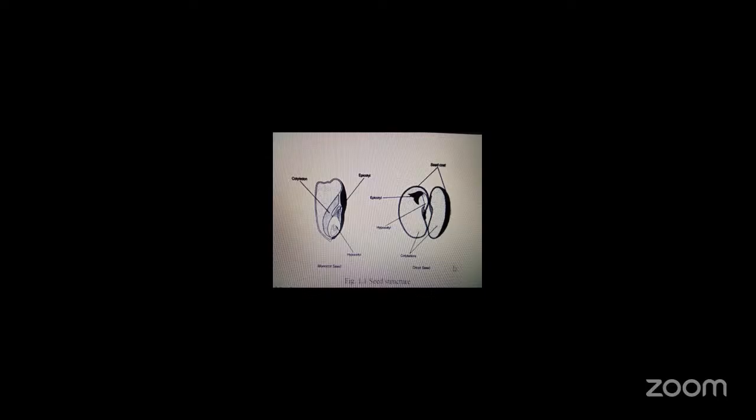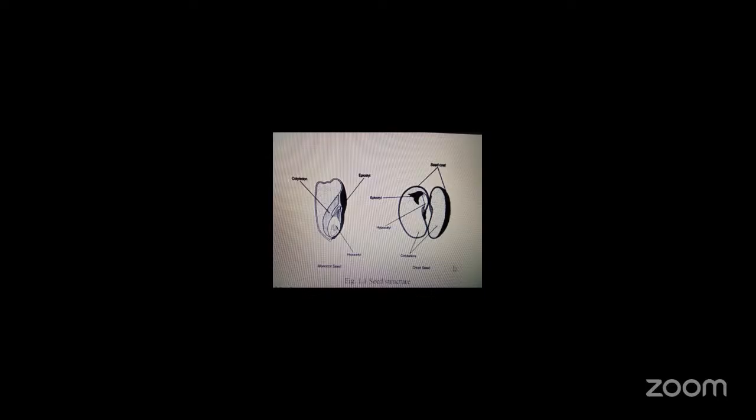On the basis of the presence or absence of endosperm, seeds are categorized into two types: albuminous and ex-albuminous seeds. When the endosperm is present, the seeds are called albuminous seeds. In ex-albuminous seeds, the endosperm is absent.